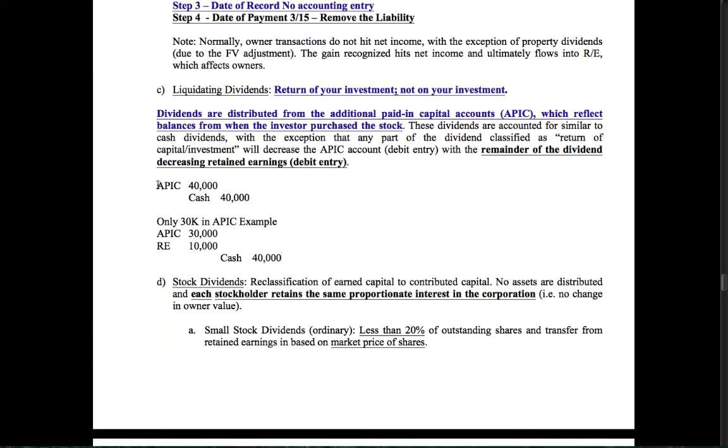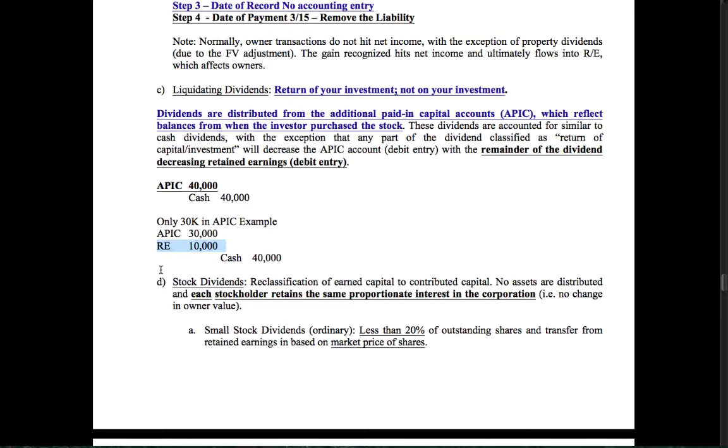The main difference is that you first will debit additional paid in capital for the entire dividend up to the amount that is in that account. If the additional paid in capital amount does not have enough in it to cover the entire dividend, then you have to reflect part of that balance in retained earnings as a decrease.